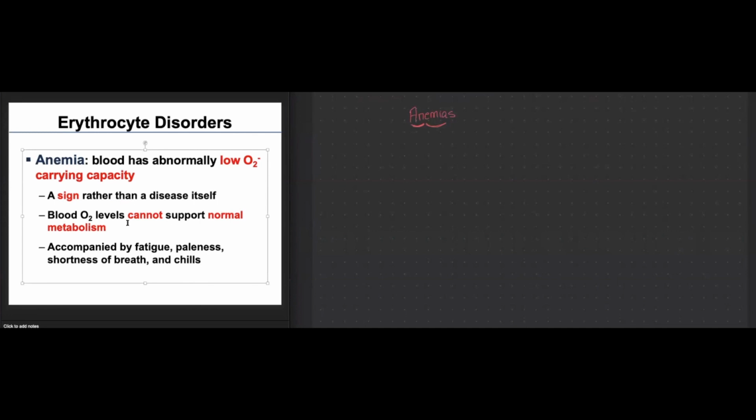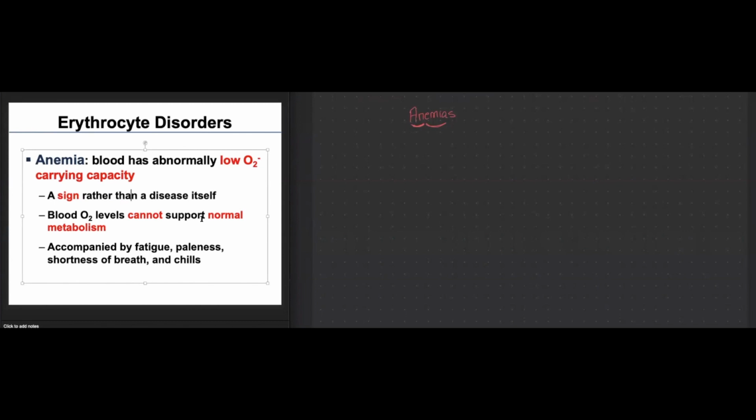The problem here is that the oxygen delivered is not sufficient to support the normal metabolic activities. It's going to be accompanied by fatigue, paleness, shortness of breath. So why fatigue?